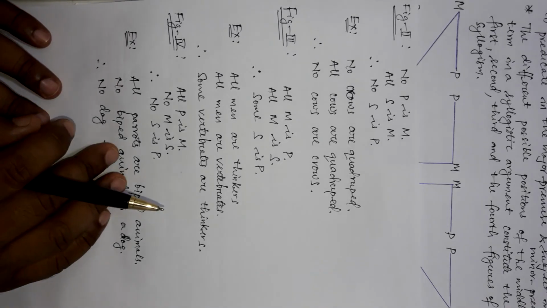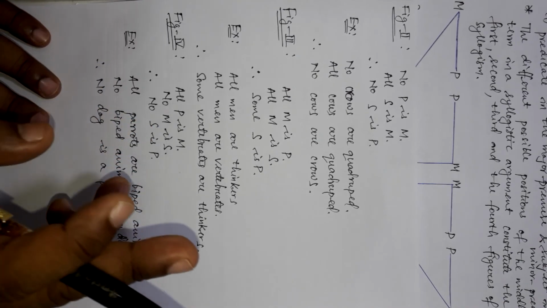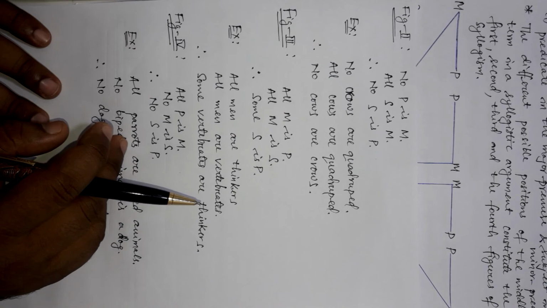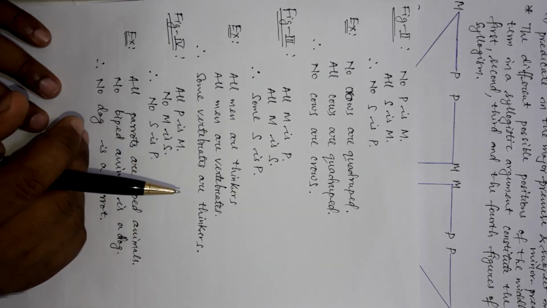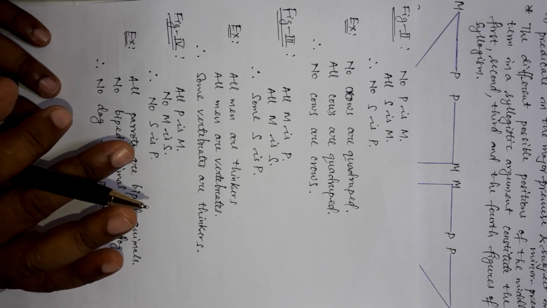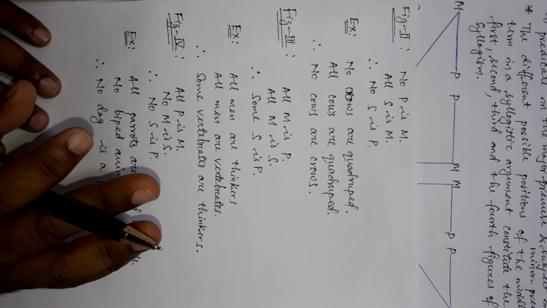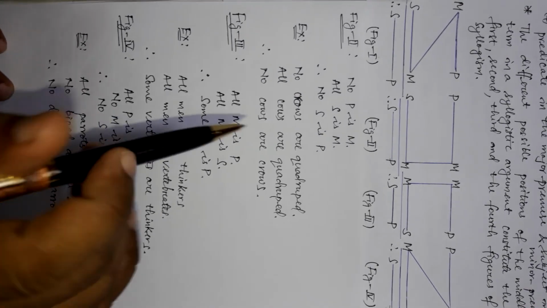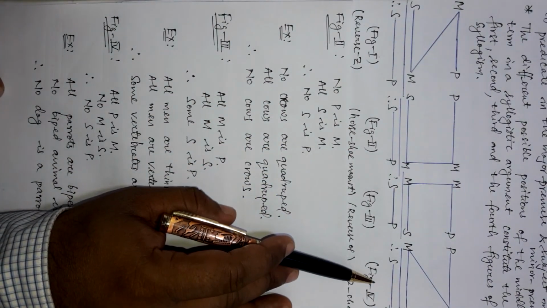So in this way, if we draw the horizontal and cross diagonals of categorical syllogisms, we get only four different types of figures: figure 1, figure 2, figure 3 and figure 4 respectively.